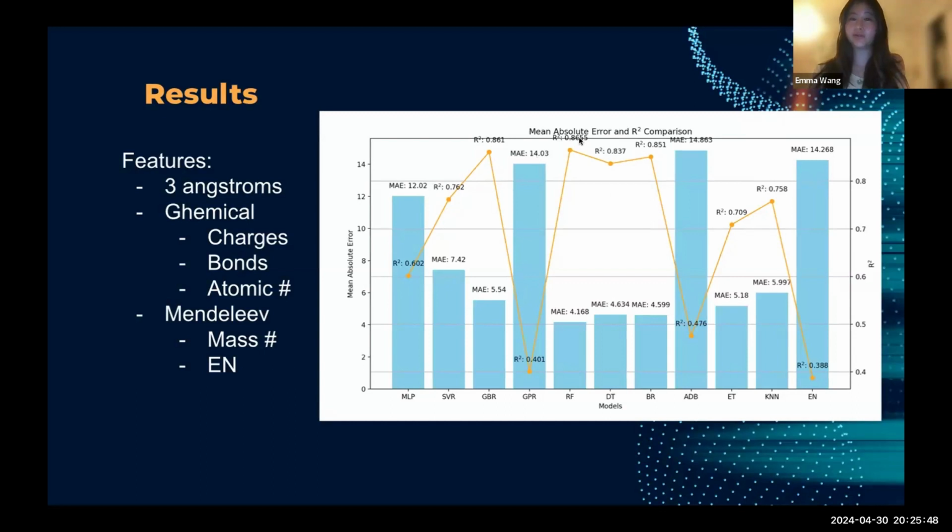And so for those of you who aren't familiar with what machine learning is, MAE and R squared are very common evaluation metrics to determine how accurate a model is. And for MAE, which is mean absolute error, basically it takes the outputs of the model and it compares it to the ground truth, like the training and testing data y values.